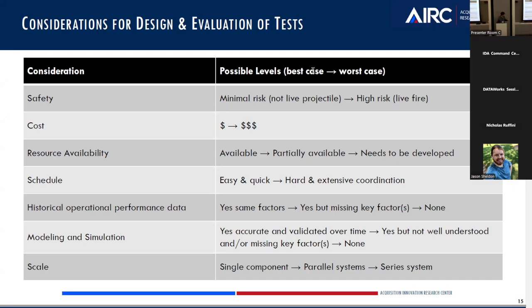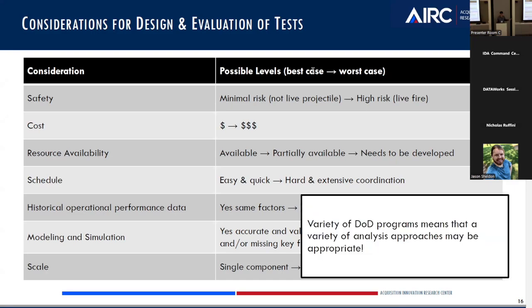And so what that means is that a variety of different DoD programs fall in different spaces in this, and it might be necessary to use different methods to integrate information. Okay. So there's some decision making that needs to be made about what the right method is to interpret these different programs that fall in different spaces here.